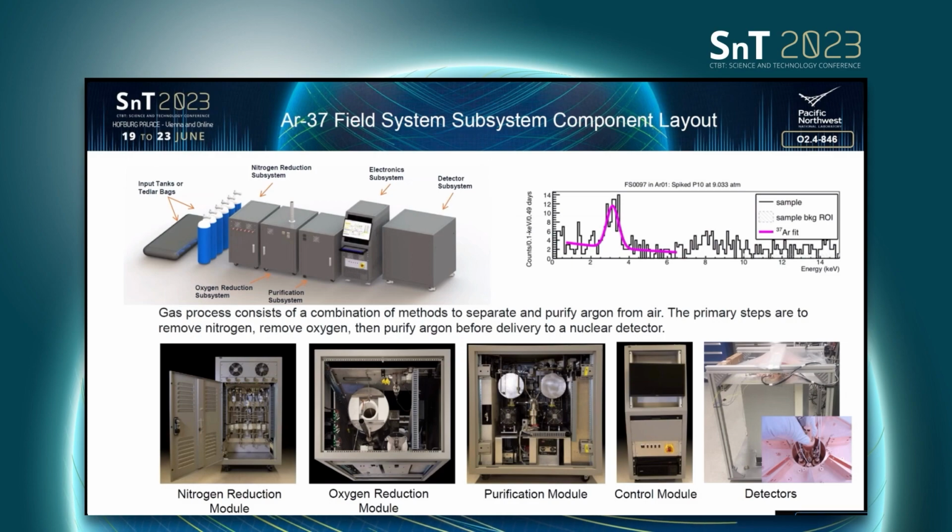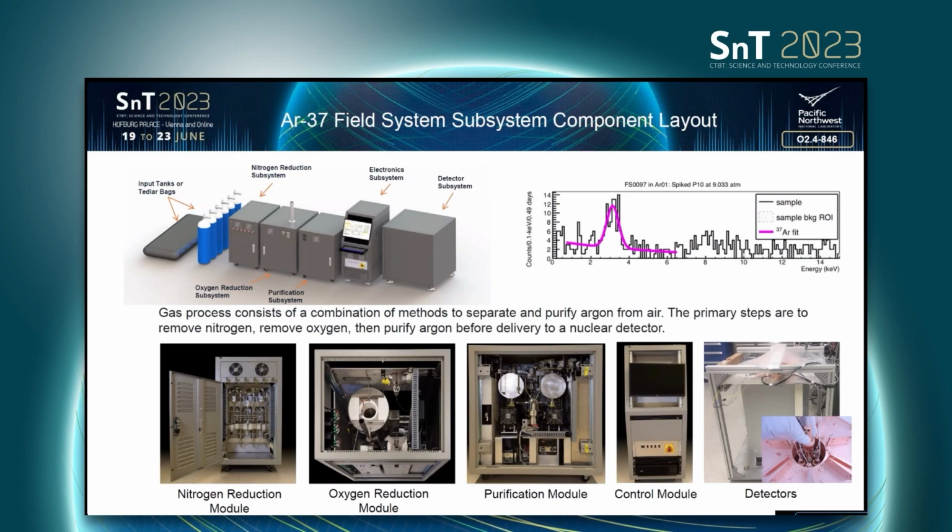And this is the system. I've given the talk on the details, and if anybody wants to talk chemistry, I can do that after the meeting. But just real quick, if we look at the modules, the module on the left is a nitrogen reduction.